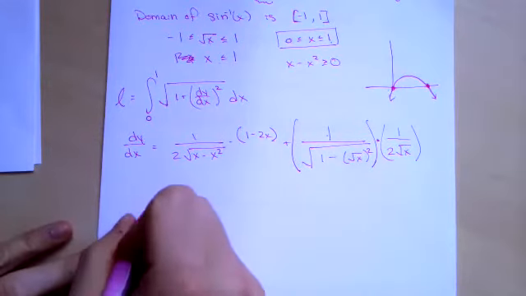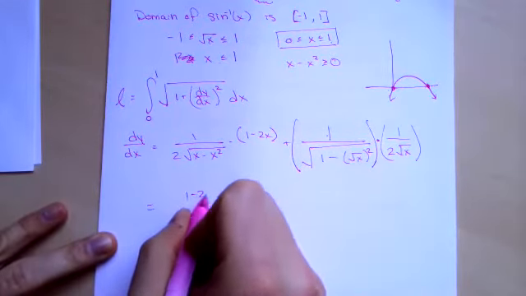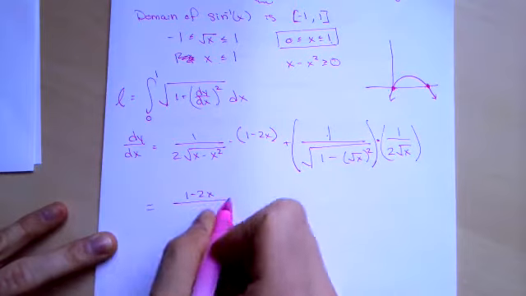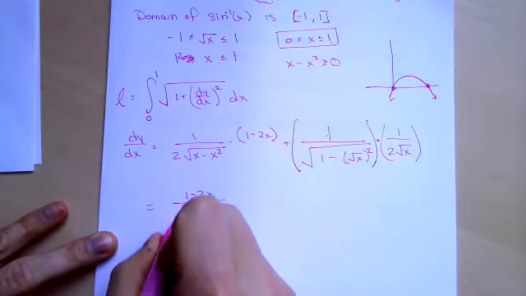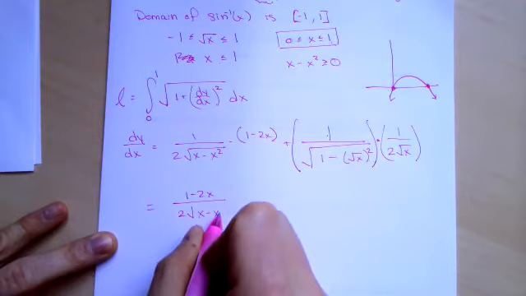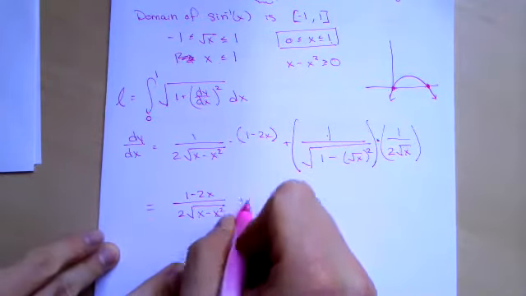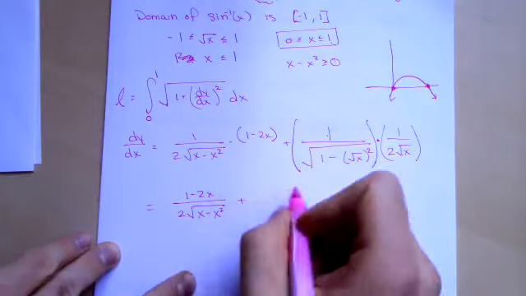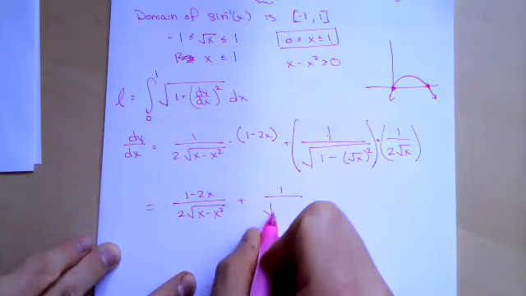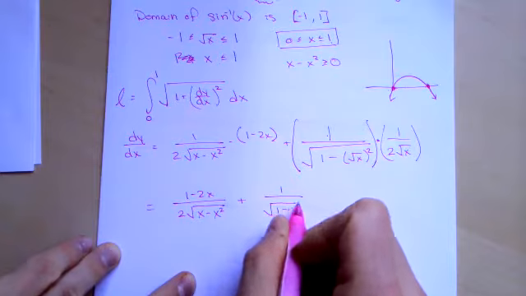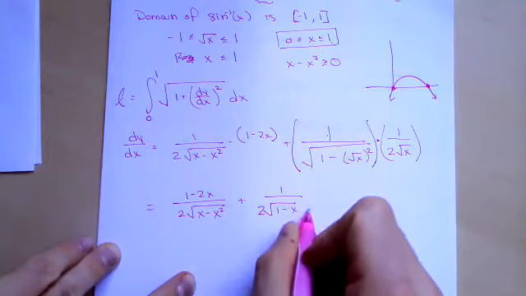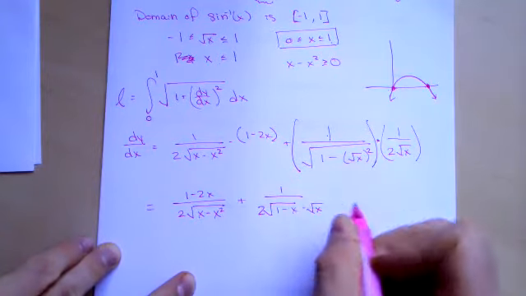So it looks a little chaotic. Let's try to see what kind of simplifications we can do. And remember, we also have to square this. Let's see. So this is going to be 1 over the square root of 1 minus x. I'm going to put the 2 out front times the square root of x.